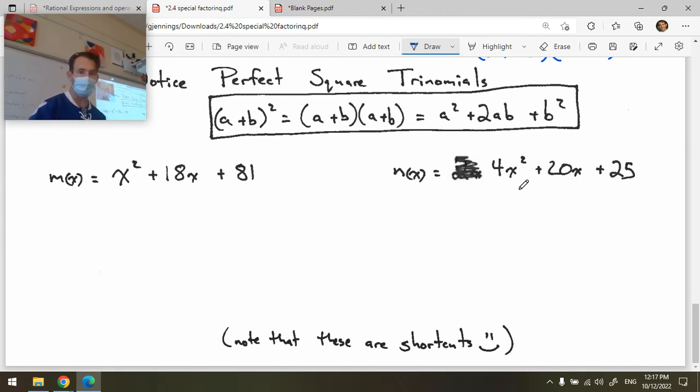Now, let's take a look here at perfect square trinomials. This is our last sort of special factoring type. It's when you factor something and it has 2 identical factors. It turns out that that thing was being squared. So here, all of these are shortcuts.